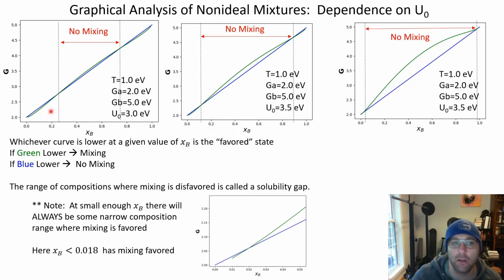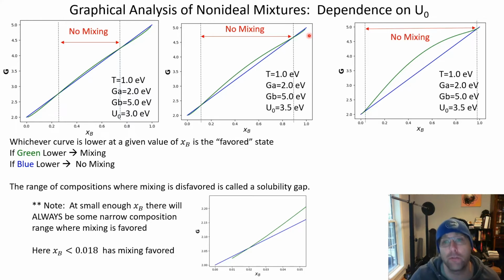You only have mixing under conditions where the fraction of B is either very small or very large. And as you increase u sub 0, the range of compositions where mixing is unfavorable gets wider and wider. So here at just 3.5, so just a tiny bit bigger, we've pushed the range of compositions where we get mixing down even further to sort of like 0.18 or something like that, and lower, and then symmetrically on the other side.